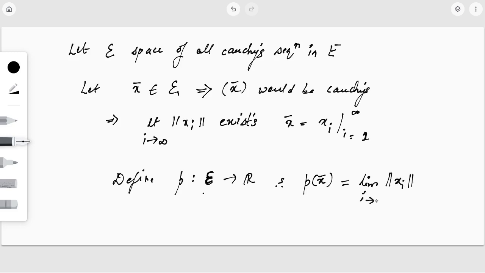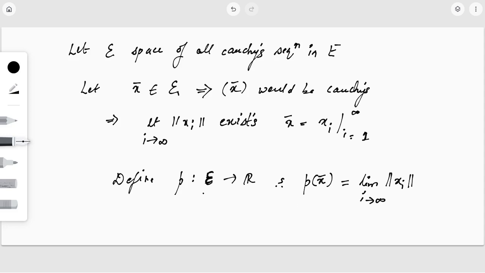So this is well defined because for every Cauchy sequence the limit exists. Now we can see that this function P actually forms a semi-norm.